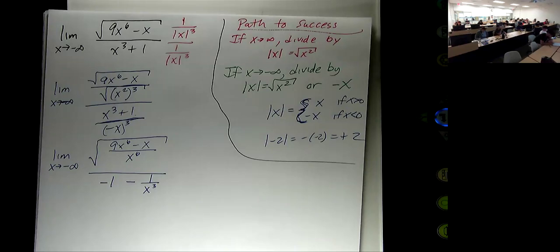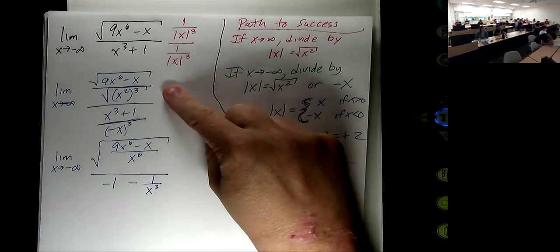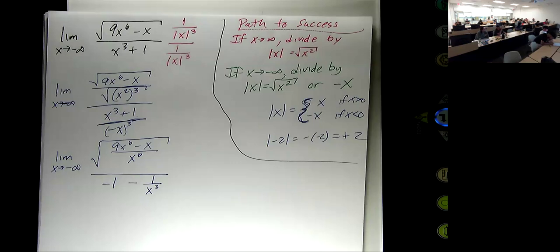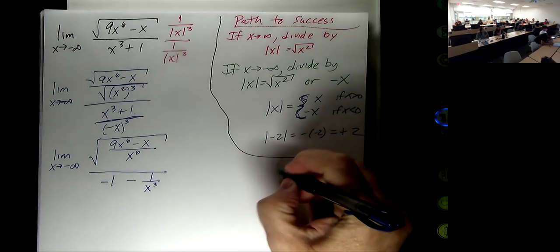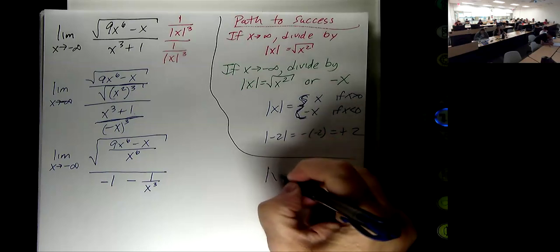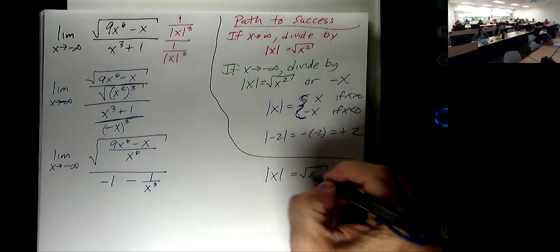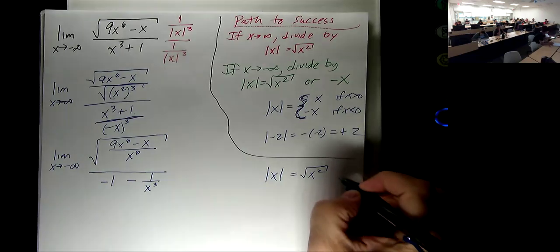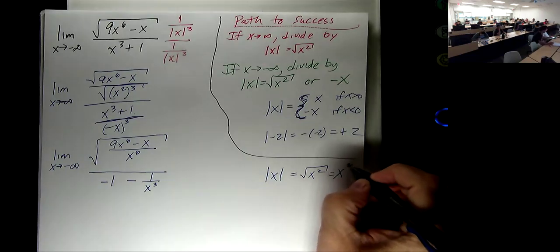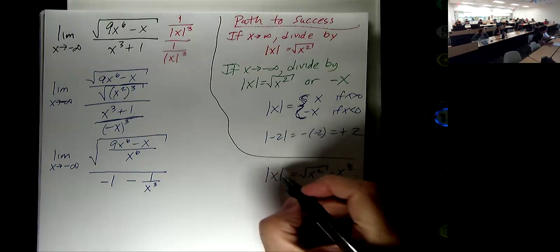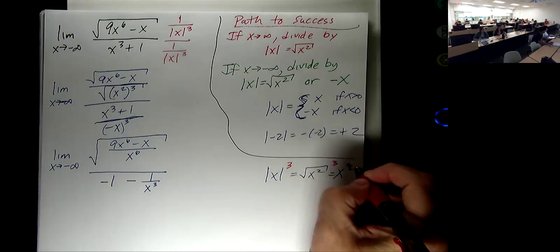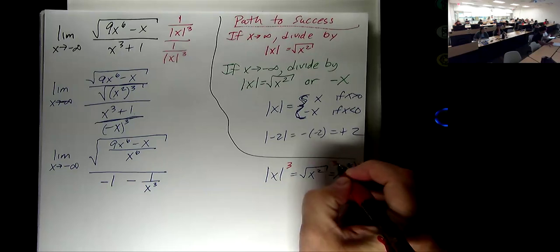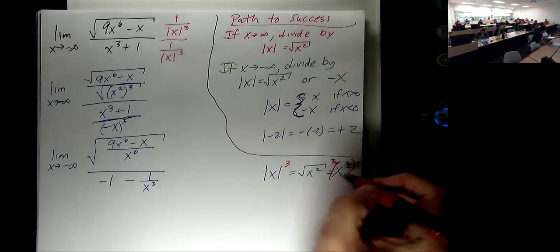Mr. Jones, how did you get the second line, the one under the second one right there? So if we treat the absolute value as square root of x squared, this is like x to the 2/2. Then I cube it. This ends up multiplying.